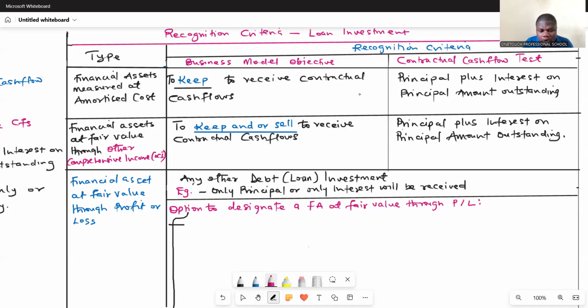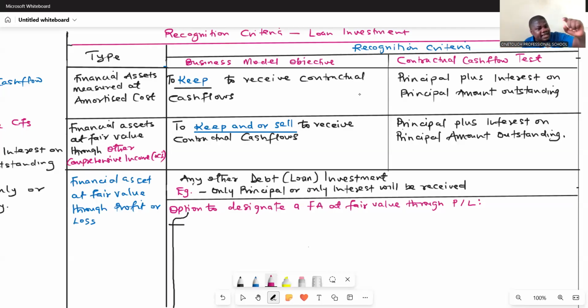Let's go to borrowing costs, IAS 23. It says that if you earn investment income during the period where borrowing cost is capitalized, then the investment income should be used to reduce the borrowing cost to capitalize on the asset.